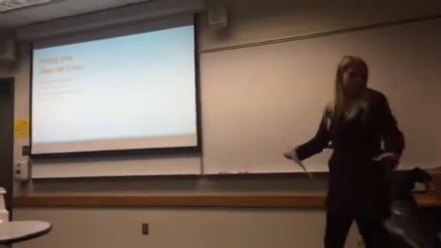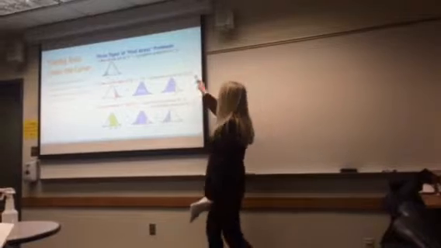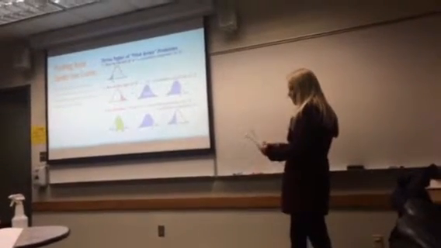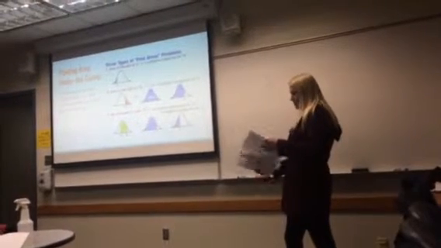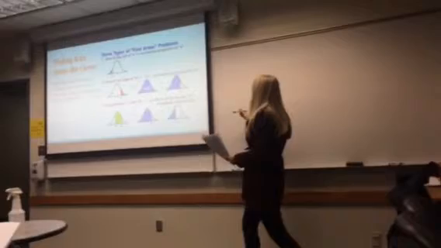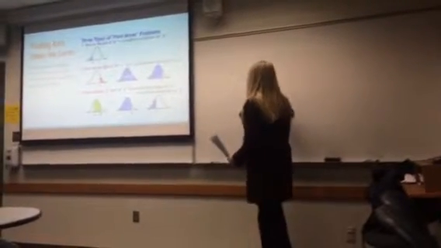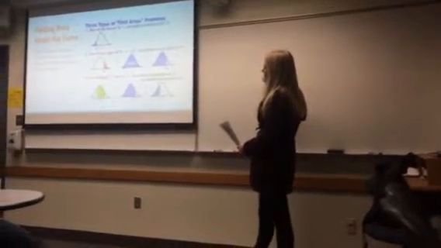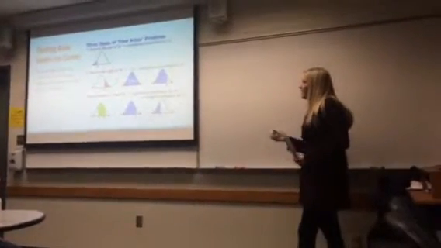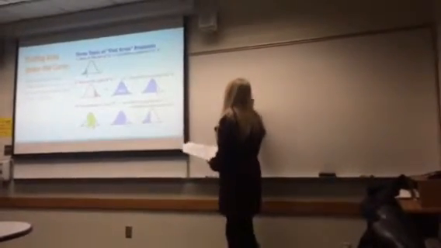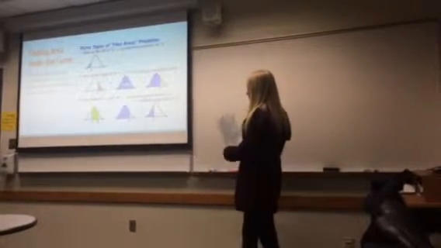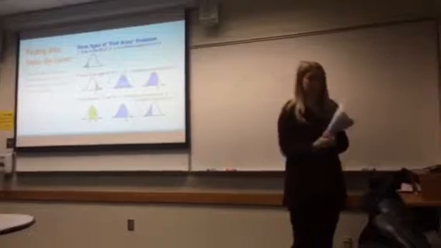So, area to the left is just the probabilities on your sheet. But on your sheet, they only give the areas to the left. So if you're trying to find the area to the right, then you have to do 1 minus the probability that you find. And then areas between, you take one probability minus the other probability. So we're going to practice these real quick.